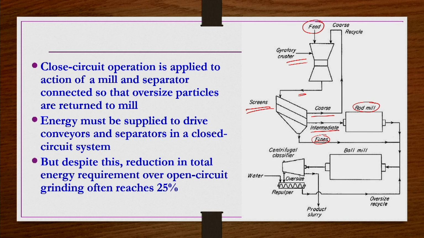So, despite this additional energy supplied to conveyors and separators, the reduction in total energy requirement over open circuit grinding often reaches up to 25%.